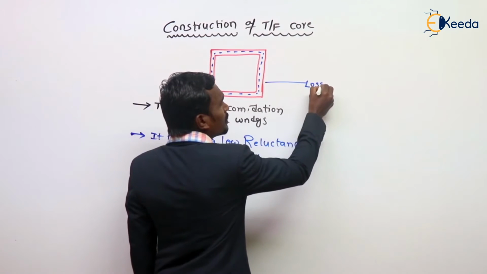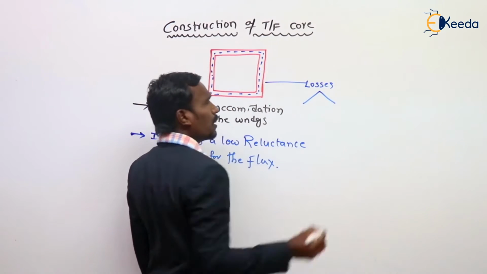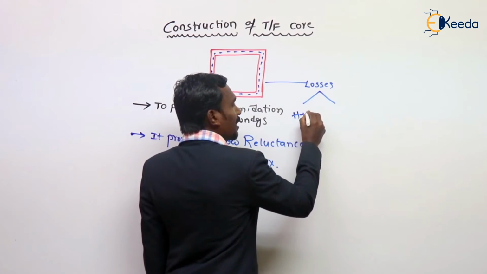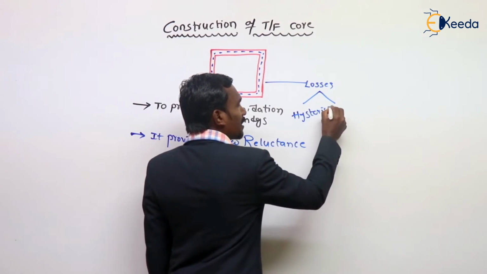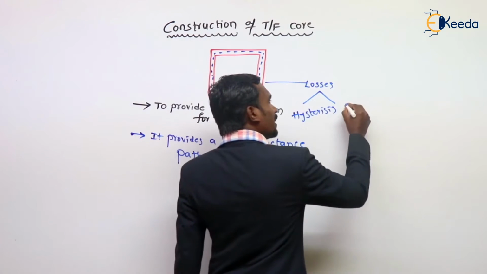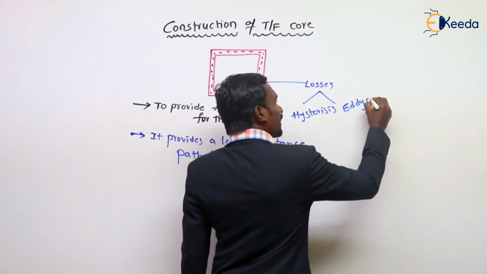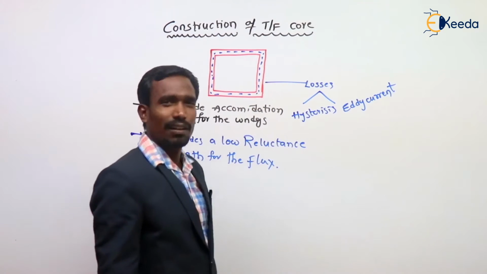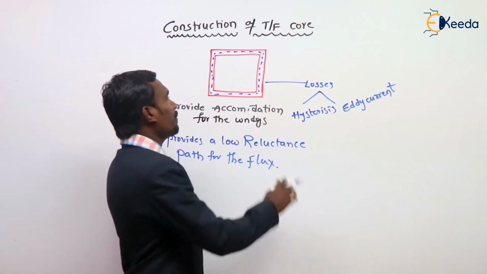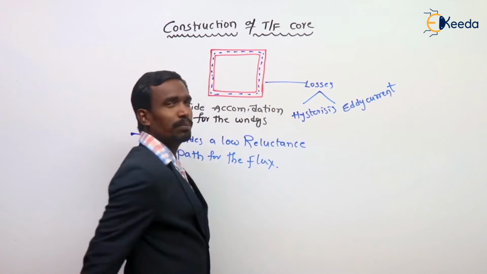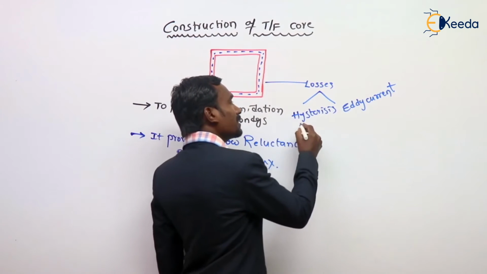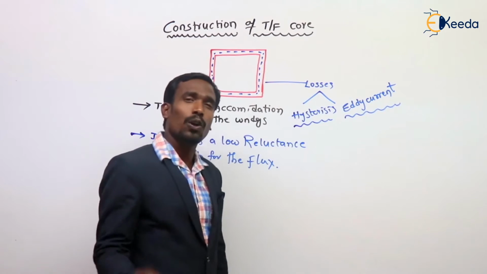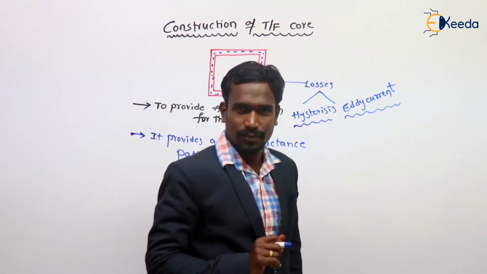The losses in the transformer core are of two types. One is hysteresis losses, and the other is eddy current losses. During the manufacturing of the transformer core, we should minimize the hysteresis and eddy current losses, then only the core is perfect.